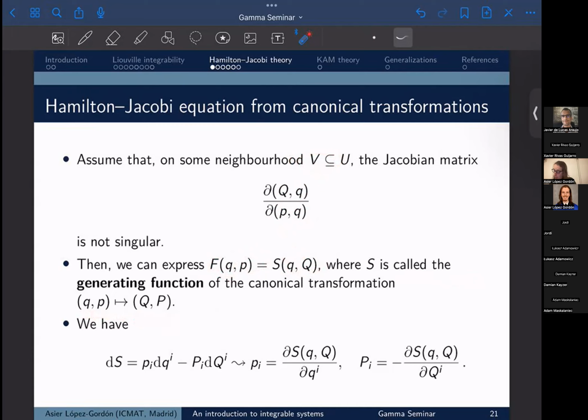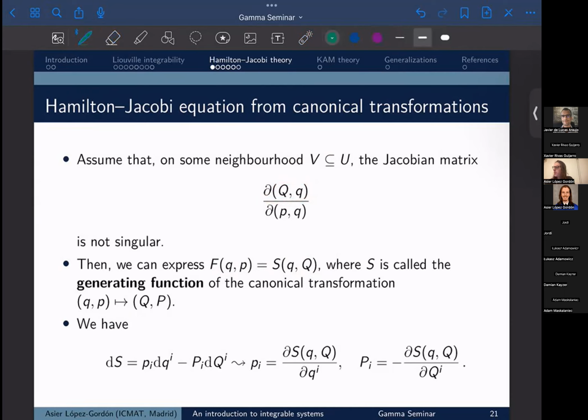Well, there are different generating functions depending on, basically, in terms of which coordinates you write this transformation. Like there are other generating functions, like for q and uppercase P and so on, but whatever.